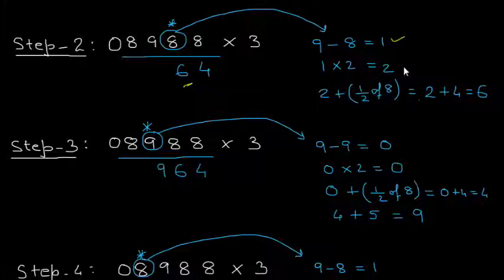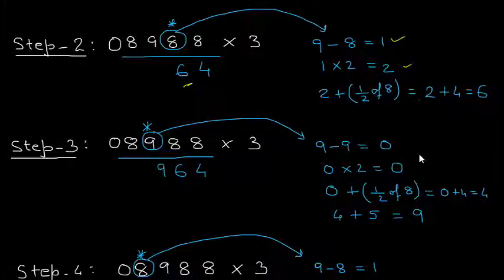Second step is whatever the answer comes, just double it. Third step is half of the right hand side neighbor. So 2 plus half of 8 is 2 plus 4, that is 6.